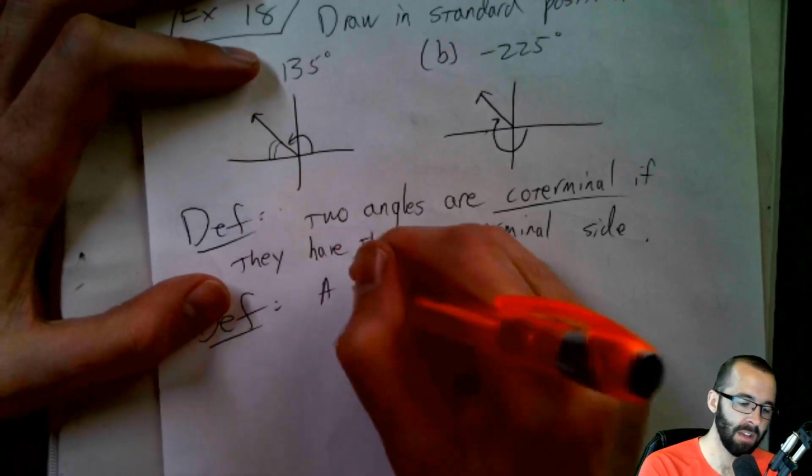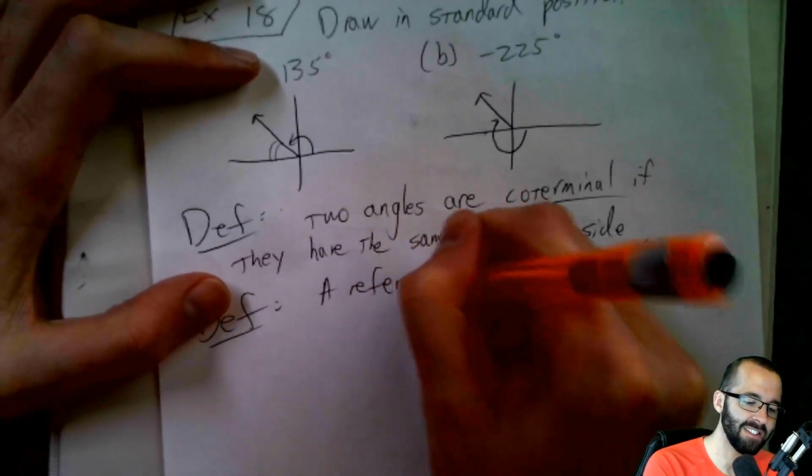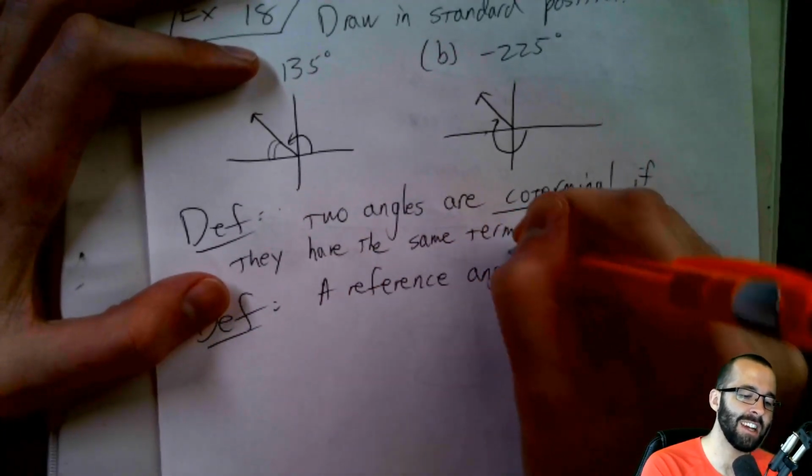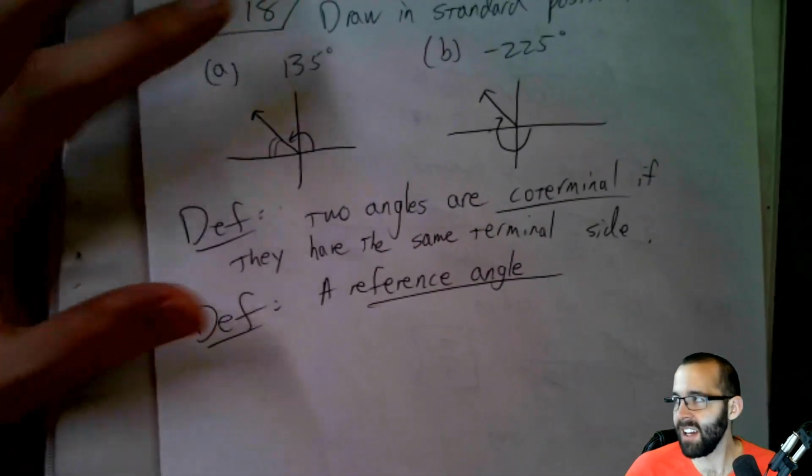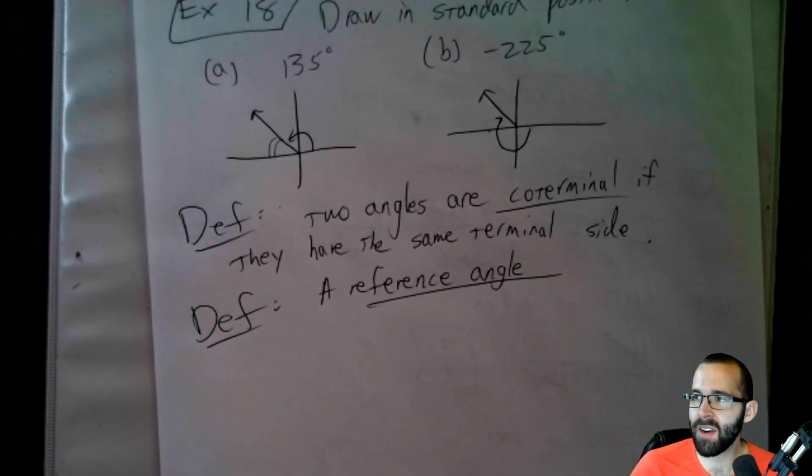So this definition is honestly pretty garbage. It's a very technical definition, and you can write it down, but really once we look at a couple reference angles, you'll know exactly what a reference angle is.